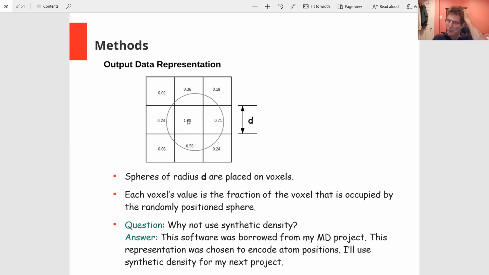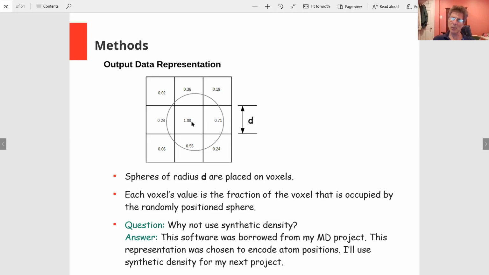And so then what you can do is look at the pixel itself and all of the neighboring pixels and calculate what fraction of the pixel, or voxel, if you're working in 3 dimensions, is occupied by the sphere. And that's the value that's assigned to each of these pixels, the pixel where the atom is located and the neighboring pixels.